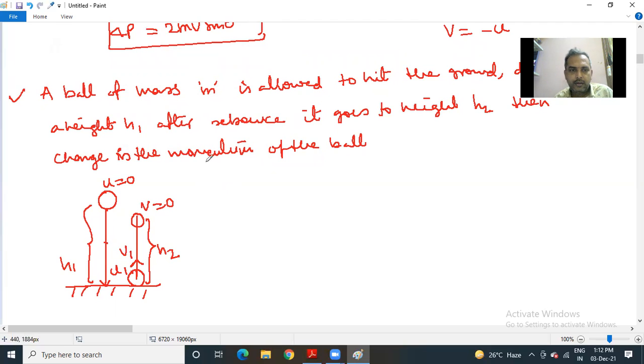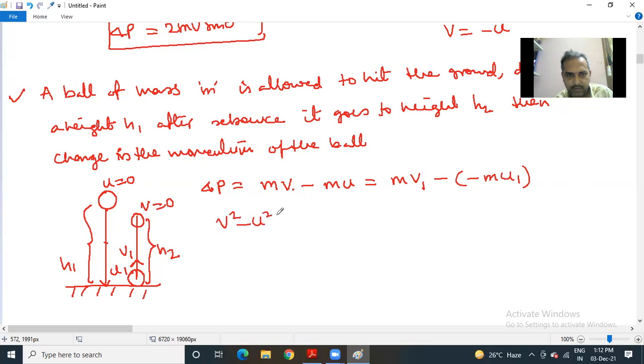Now, first let us write the change in the momentum as mv minus mu. Since u1 and v1 are in opposite directions, let us write this as mv1 minus of minus mu1. Let us make use of the equation of motion v square minus u square equal to 2as.